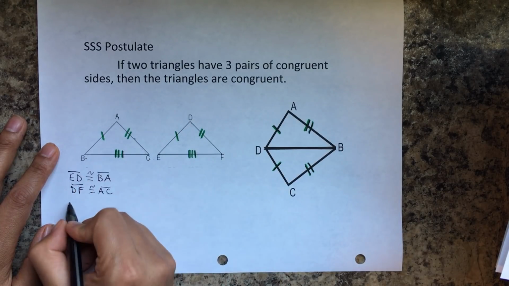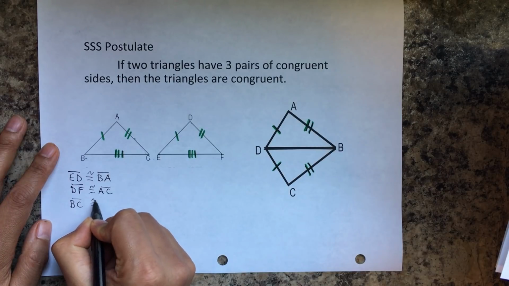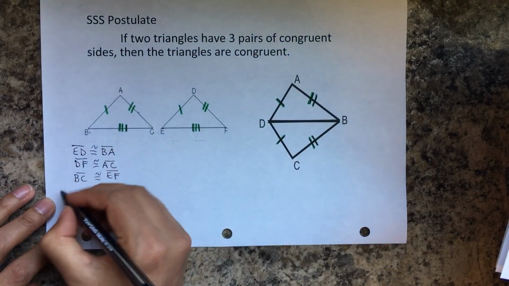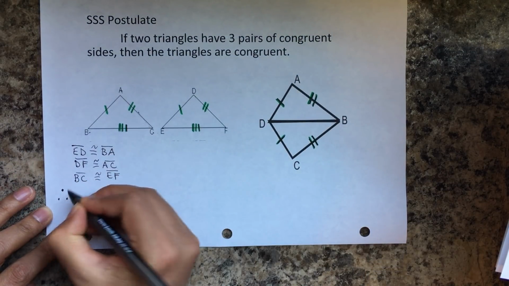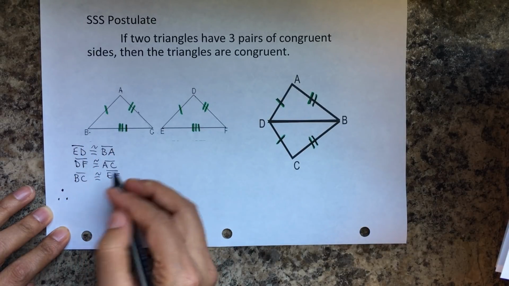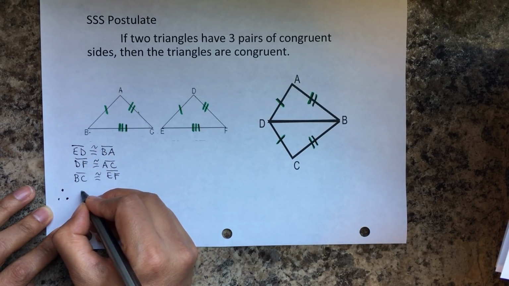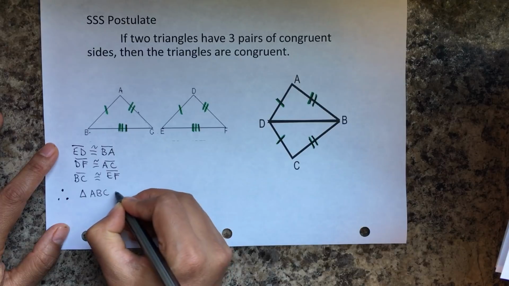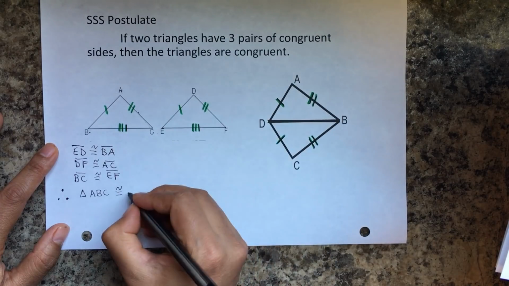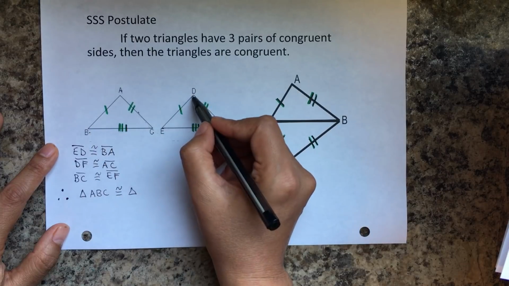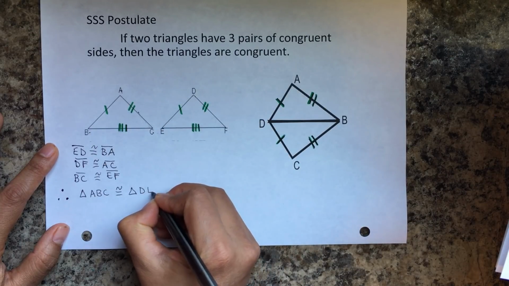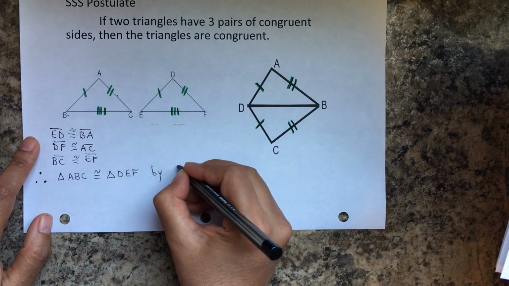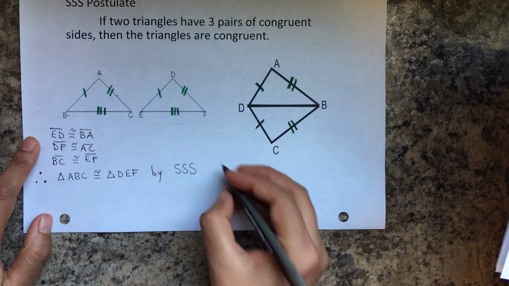And then BC is congruent to EF. Then it says therefore, so I know that these are congruent. Therefore, triangle ABC is congruent to triangle DEF. And the reason, we're going to say by side-side-side postulate. Okay?